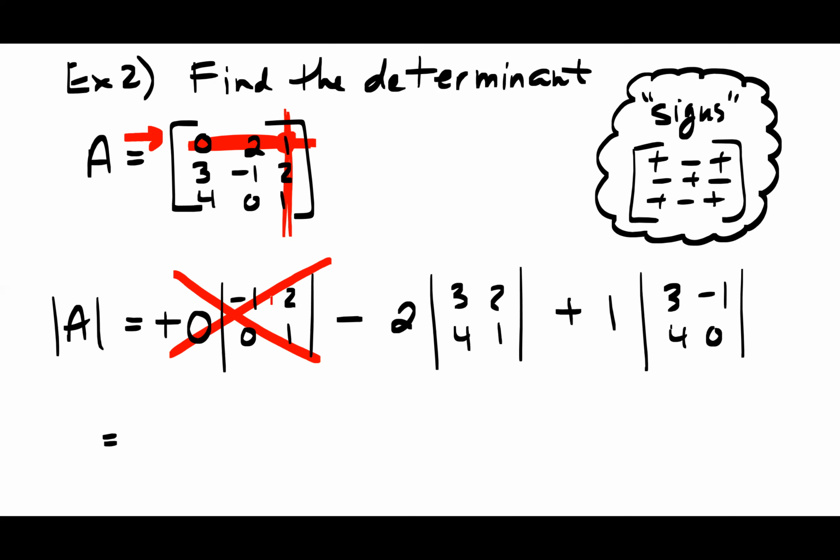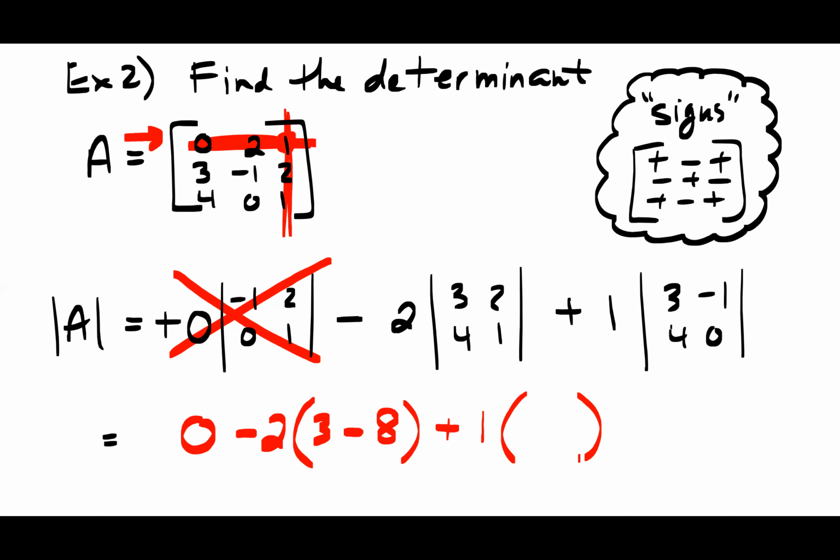Okay, this guy's gone. That's just going to be 0 here. I got -2, and what do we have here? 10. -8? Okay, cool. Plus 1. What's that going to be? 0 plus 4, okay. And what do we have? 10 plus 4?